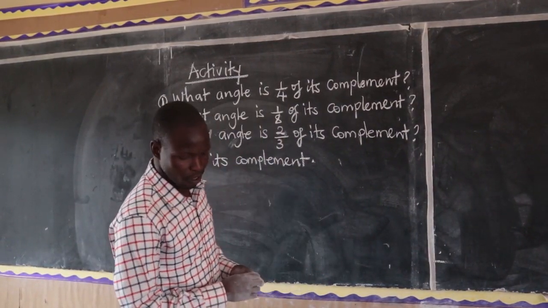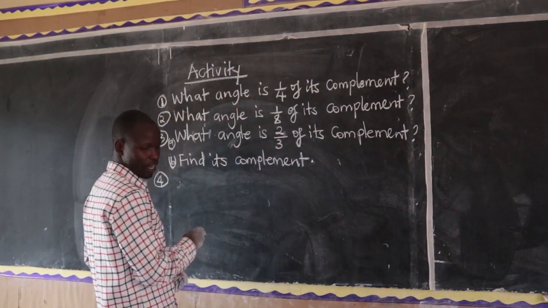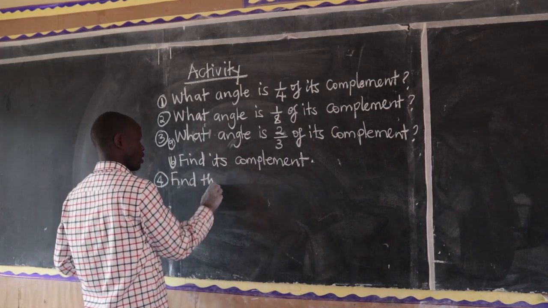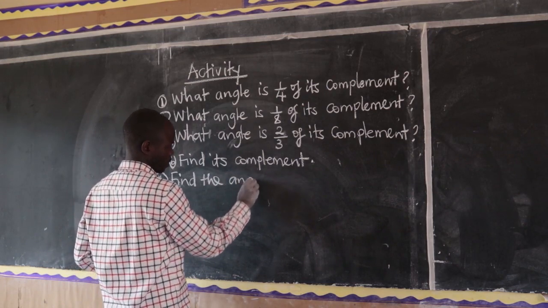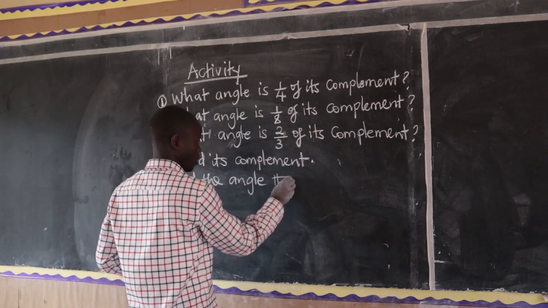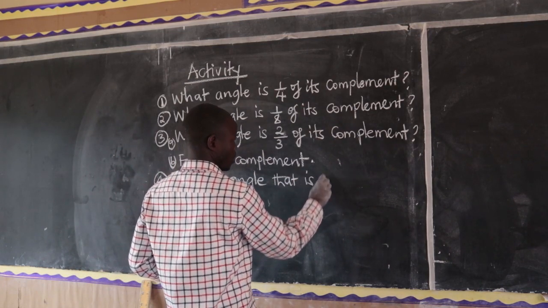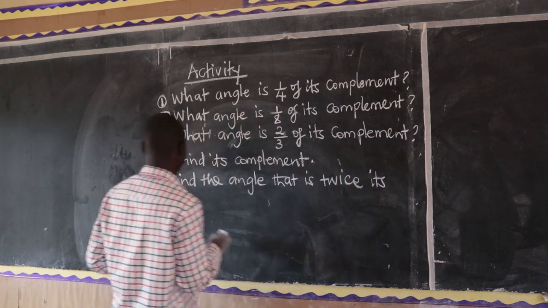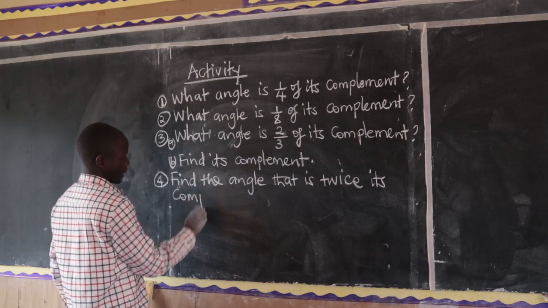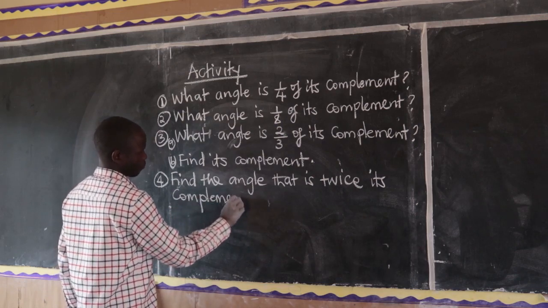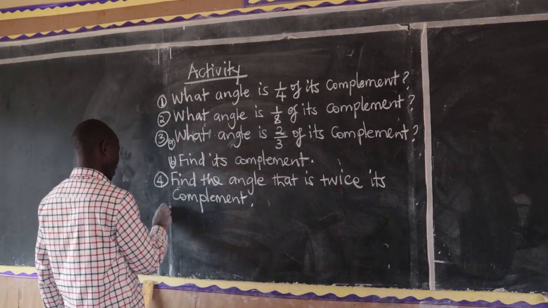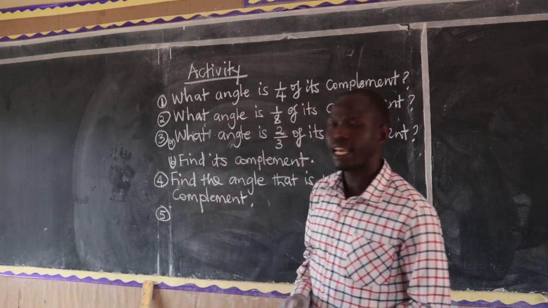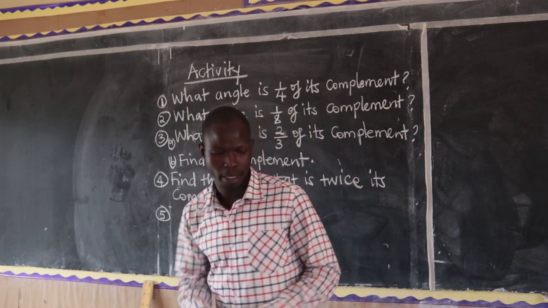Our question 4 is find the angle that is twice its complement. Lastly, what angle is 8 times its complement?